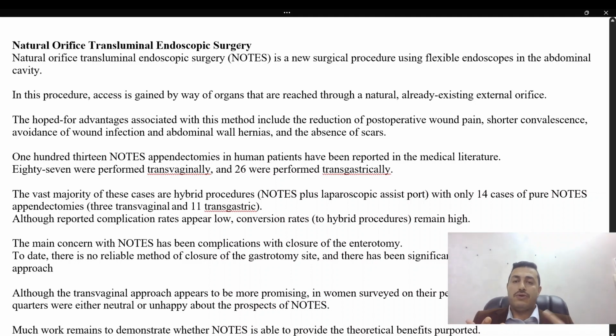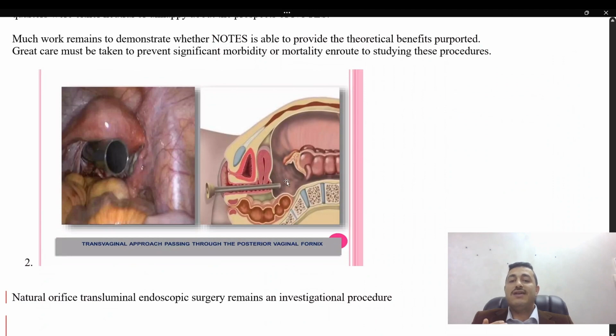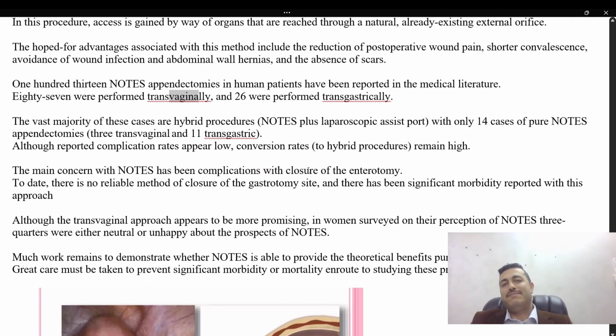Mouth, upper GI, anus, vagina. No skin incision. Theoretically, we can do appendectomy either transgastrically or transvaginally. You can see here they enter transvaginally and then remove the appendix. Actually, it's not my opinion, it's what's written. Also, it is just theoretical.